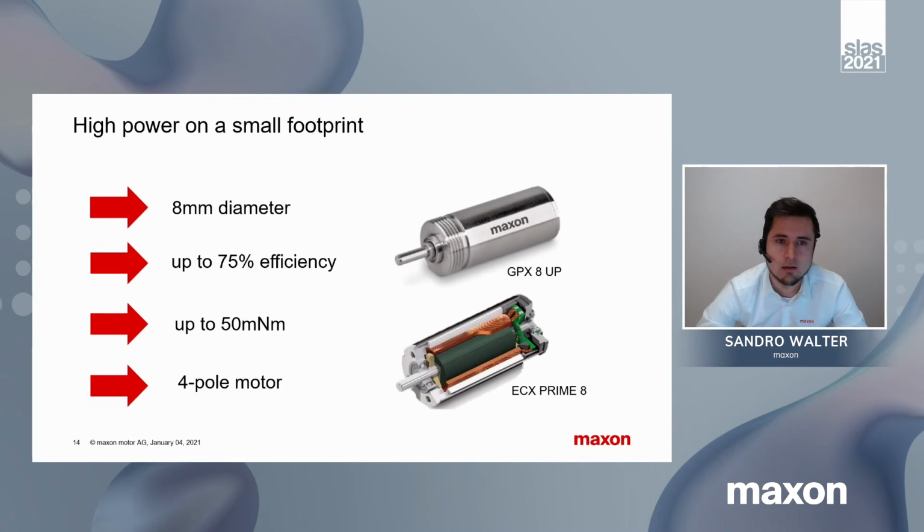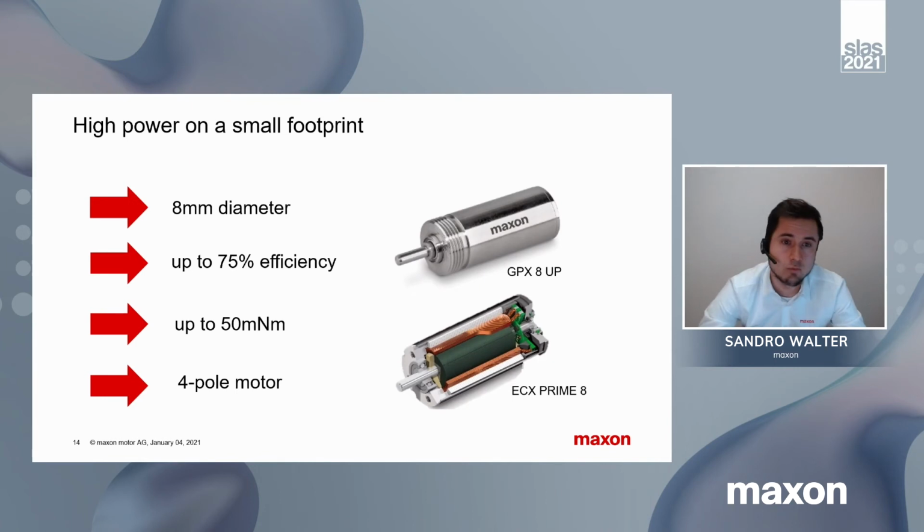In this example, the gearbox GPX8 Ultra Power can have an efficiency of up to 90%, depending on how many stages you have. In combination with a maxon 4-pole technology, which was previously just available for 22 millimeter motors and is now planned to be available down to a diameter of 8 millimeters, you can have much more power in a very small space.